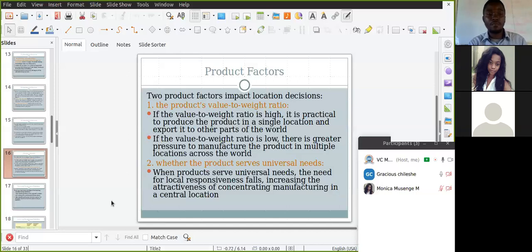If you're producing something and the desire for your product is high on a universal dimension, you realize that for you to serve your customers best, you need to establish yourself in multiple locations. And this is going to lower your costs of transportation, because you'll be able to serve people in a short period of time, and you're not going to lose your customers at the end of the day.